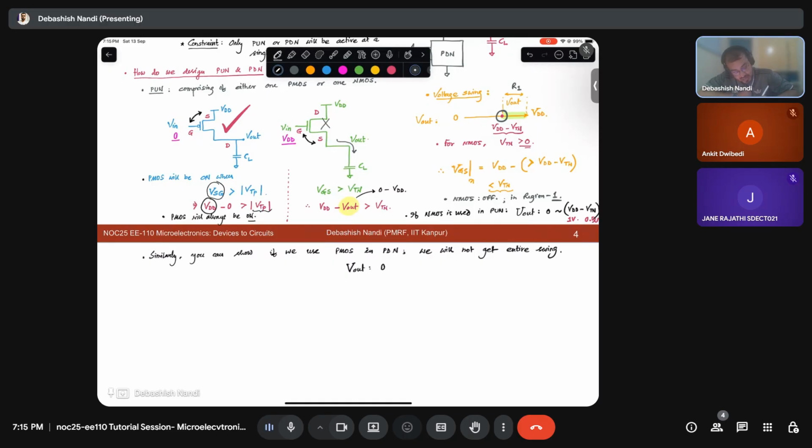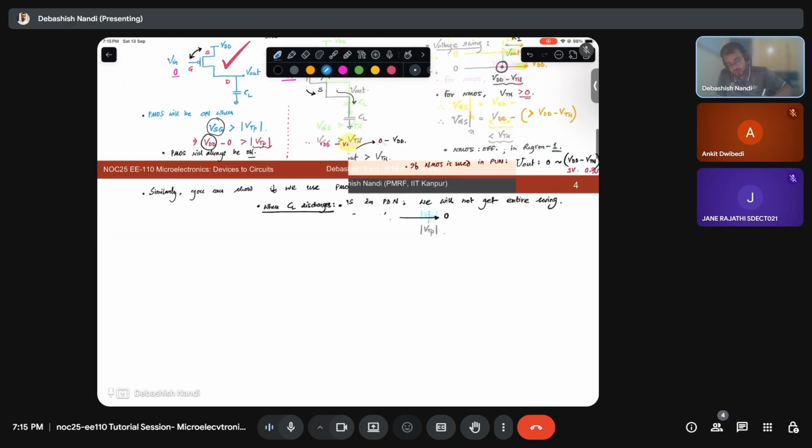Ideally, I want VDD to 0 in case of discharging of the capacitor, when CL discharges. But if I use PMOS, I will get my output only till VTP. You can check this. So that is why we use it this way.